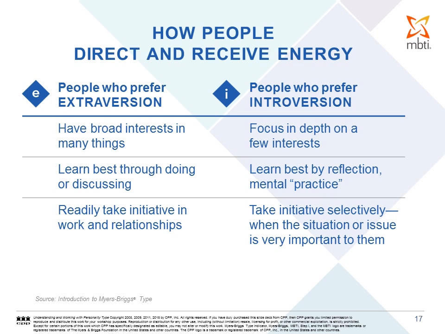Alternatively, people who prefer introversion usually learn best by reflection, thinking things through. Extroverts may be more likely to take initiative in work and relationships, whereas people who prefer introversion may take initiative selectively, when the situation or issue is very important to them.